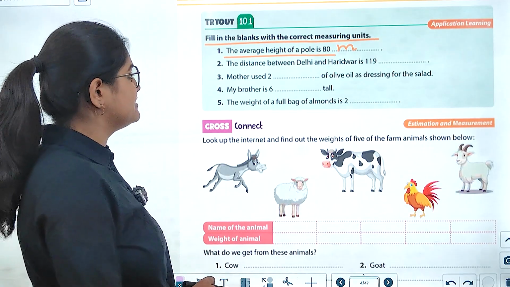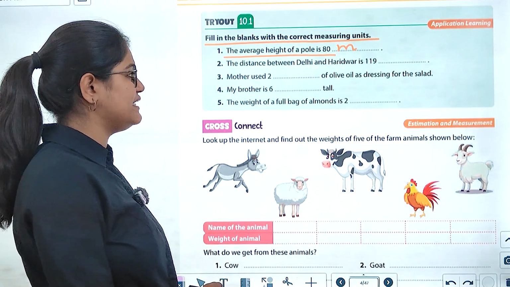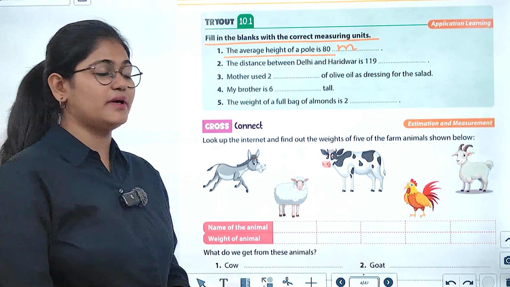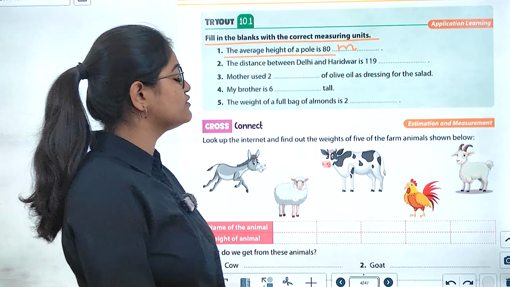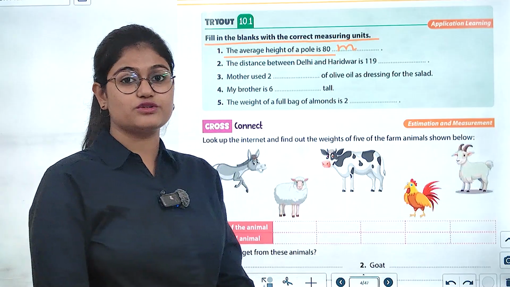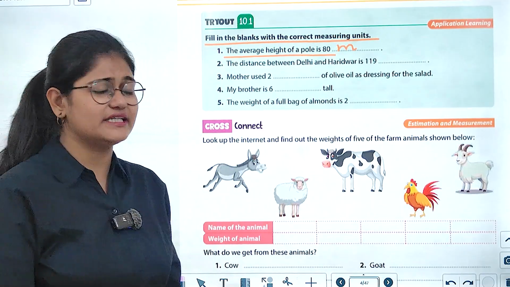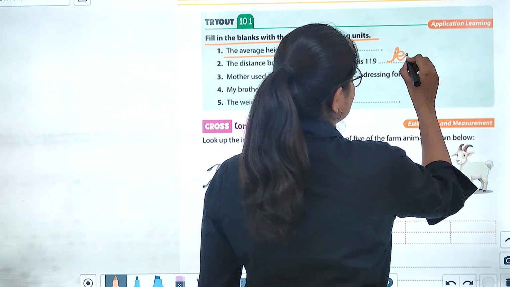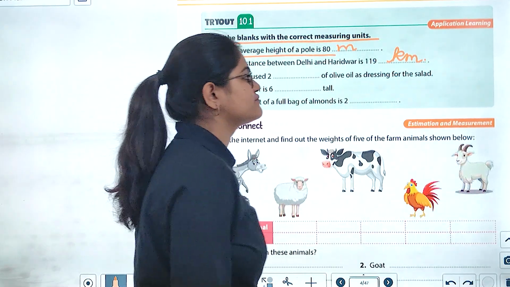Then the distance between Delhi and Haridwar is 119 dash. So हमने पढ़ा था कि हम distances को, दो cities के बीच में जो distance होता है उसको, measure करते हैं kilometers का use करके. So it is kilometers, right?